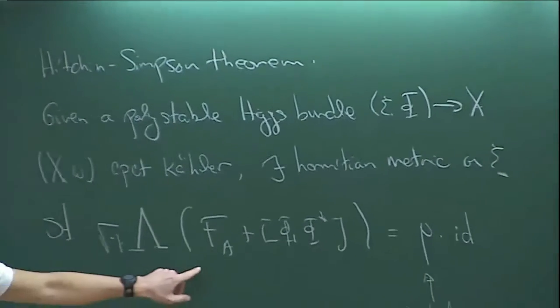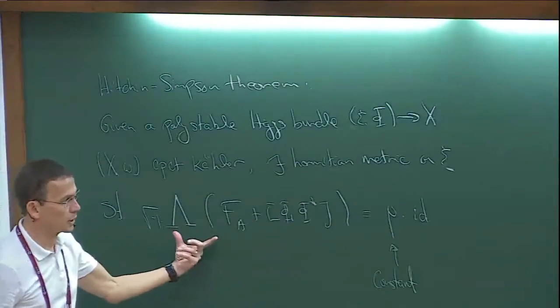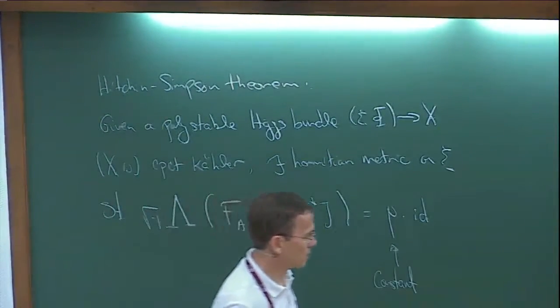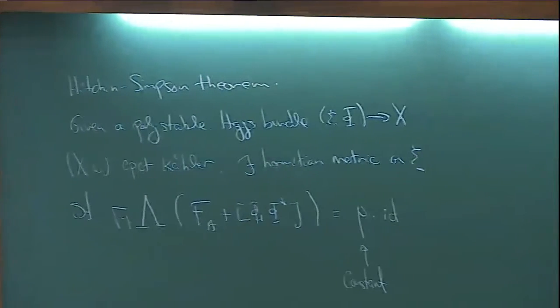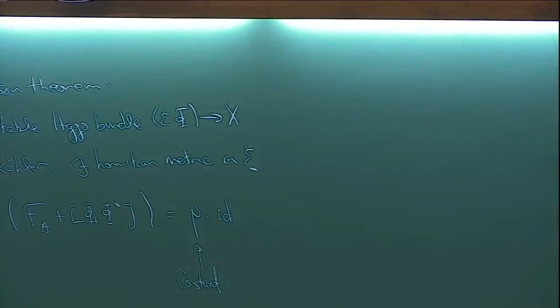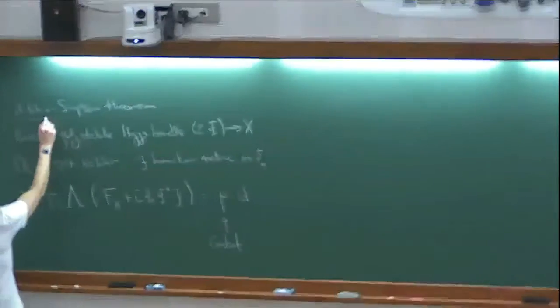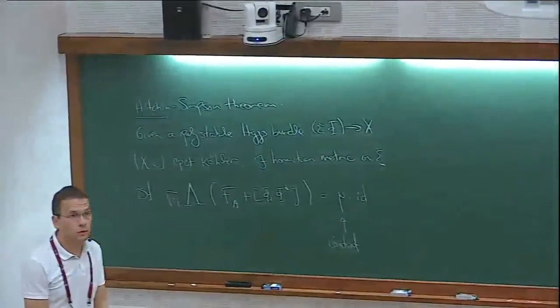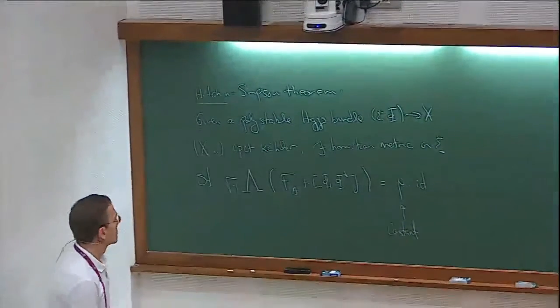And this lambda is contraction with the Kaehler form. So this is a Hermitian endomorphism. And the statement is that that's just a constant multiple of the identity. And so that's the theorem for which I want to outline the proof on Wednesday.